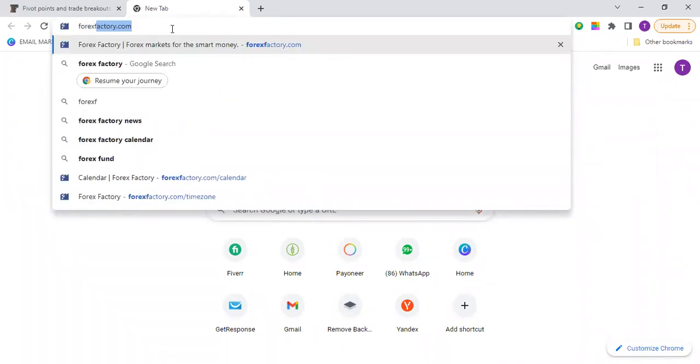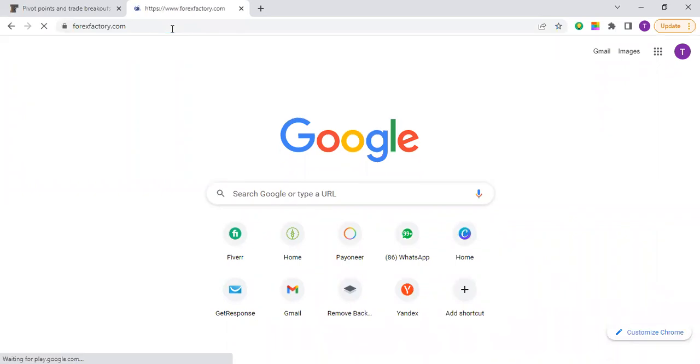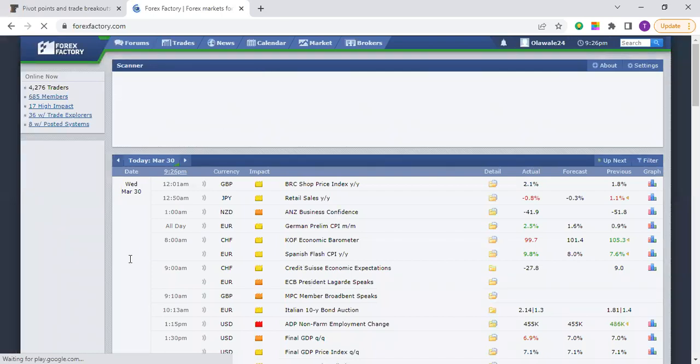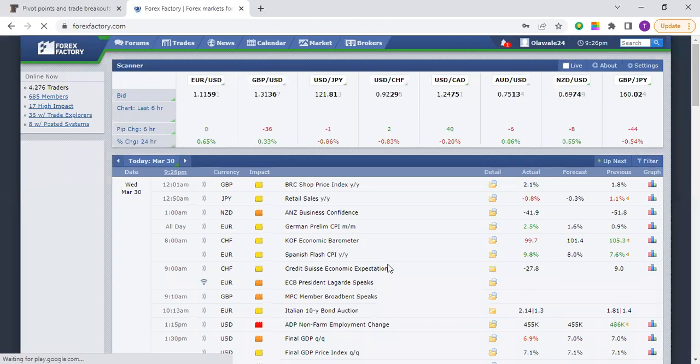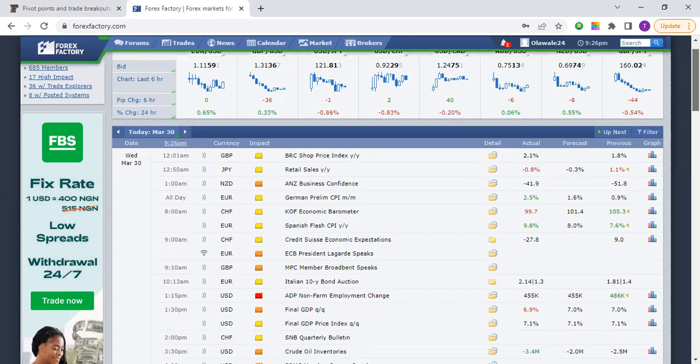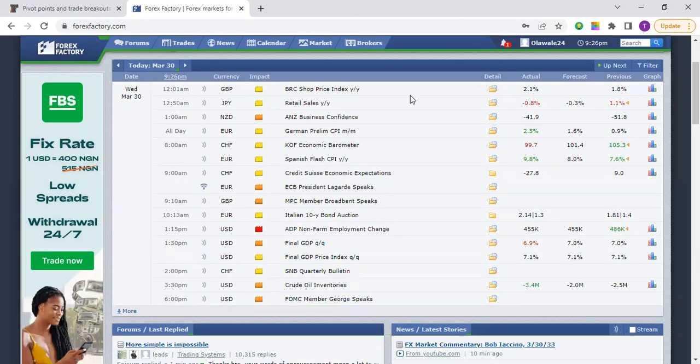Look, I use Forex Factory. USD JPY, the news started from 30.